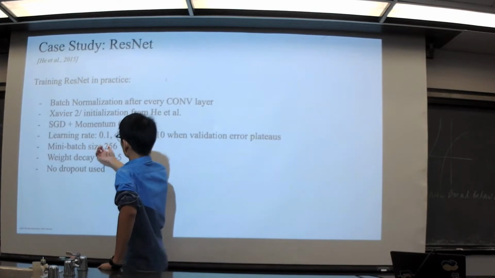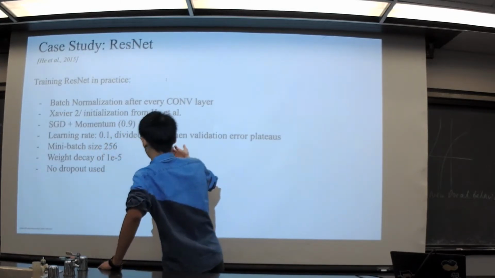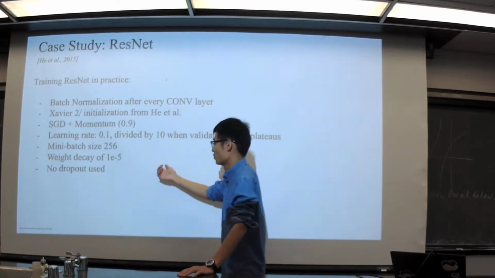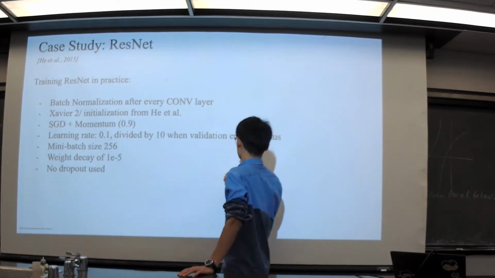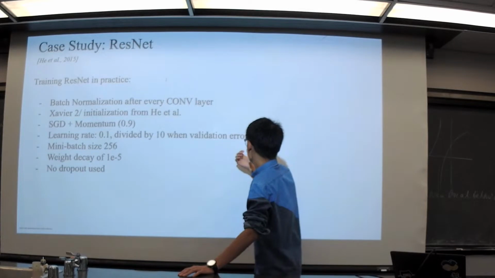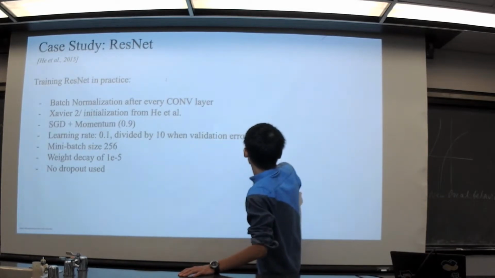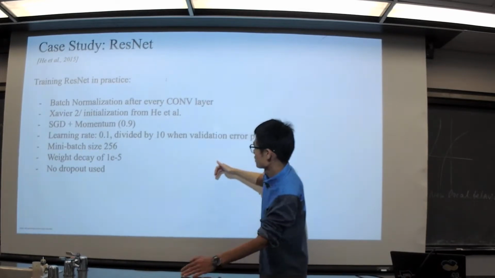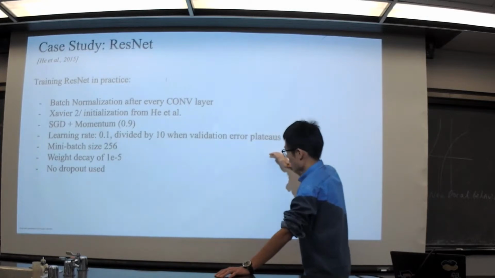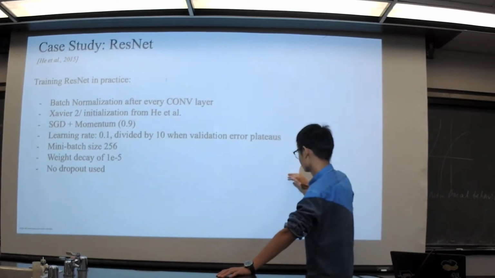Learning rate they use 0.1, and they divide it by 10, like 0.1, 0.01, 0.001, when the validation error plateaus. Yeah, because you have training and validation, right?